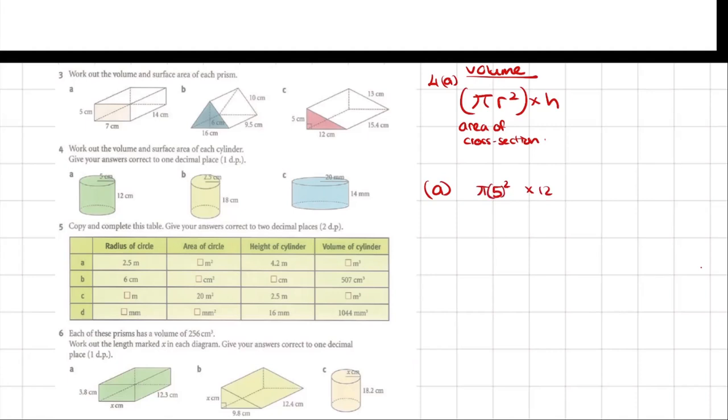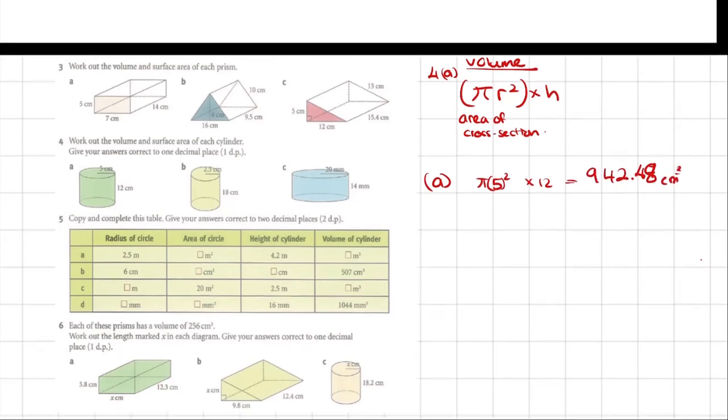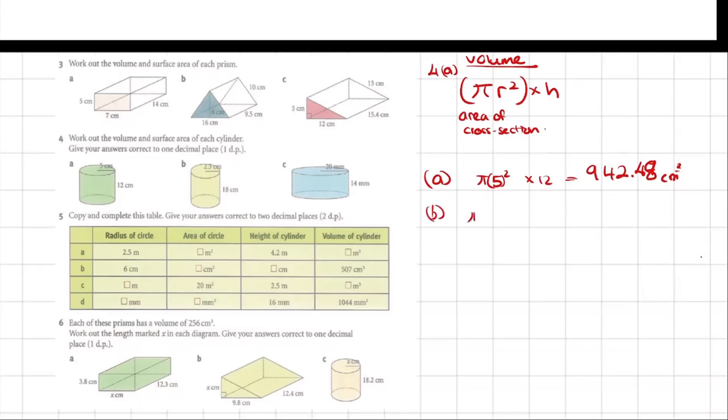So it will be 942.478 cubic centimeters. B, pi 2.5 square times 18, 353.43 cubic centimeters.